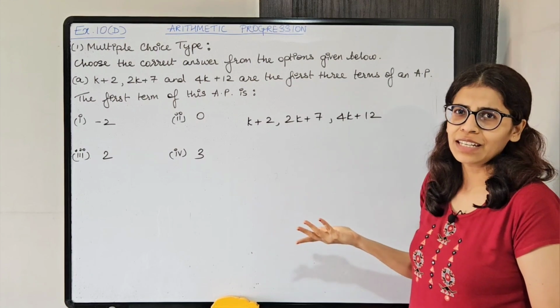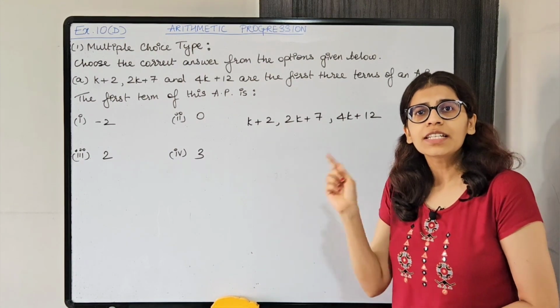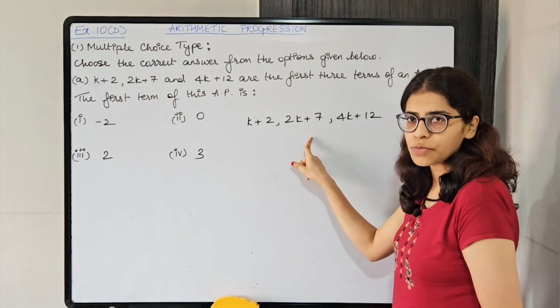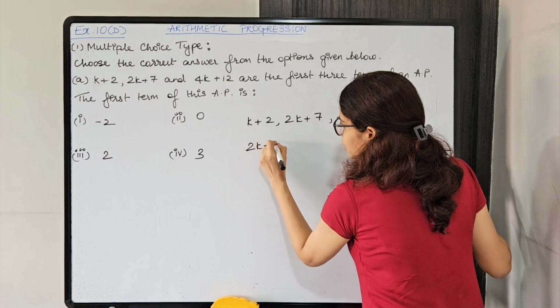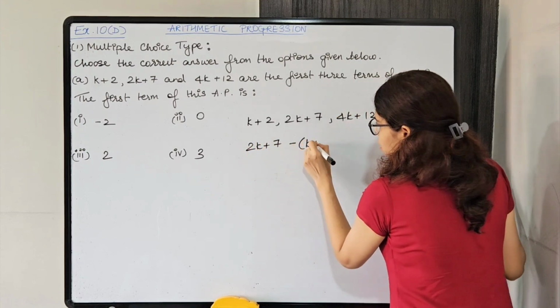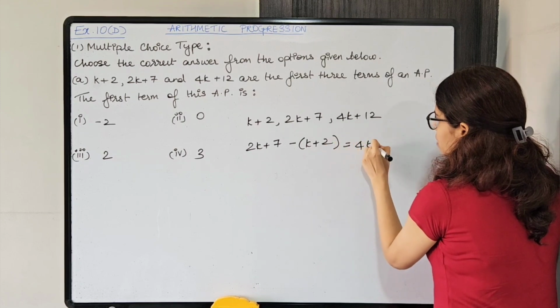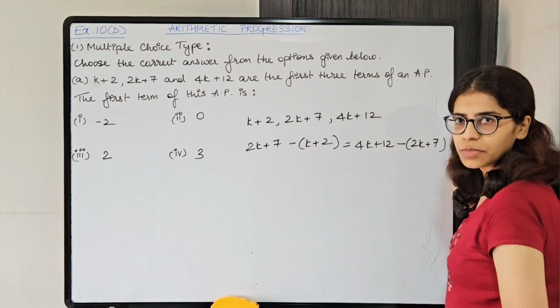So बहुत easy है. Since this is an AP, I know that common difference is going to be same. That is, difference between the consecutive terms is going to be same. So 2k plus 7 minus (k plus 2) will be equal to (4k plus 12) minus (2k plus 7), right?